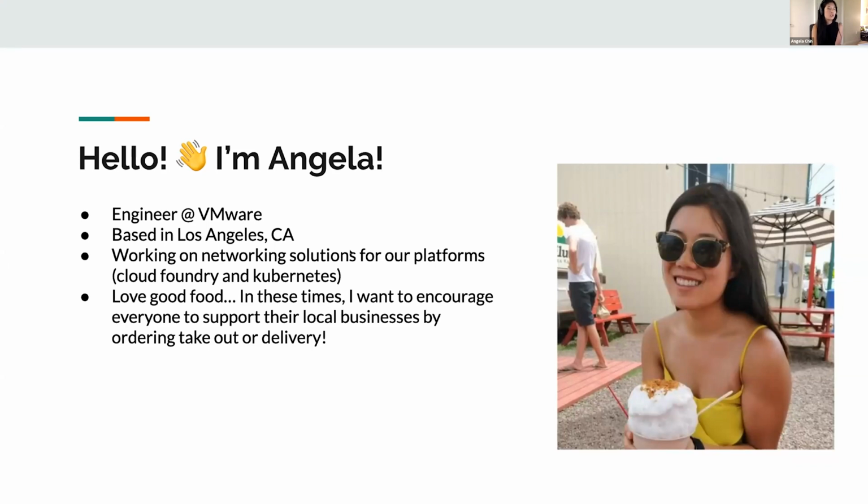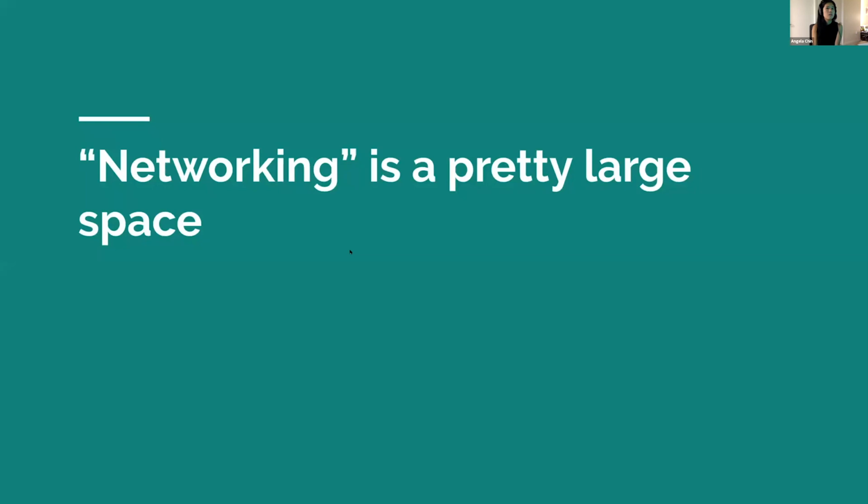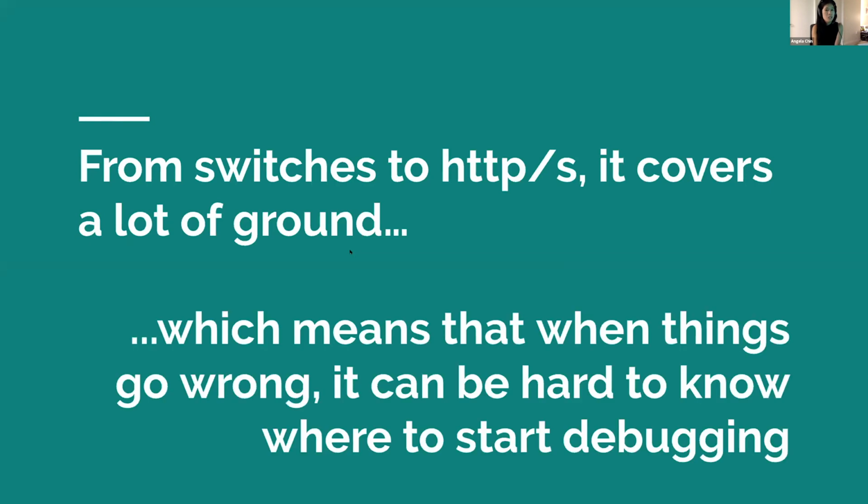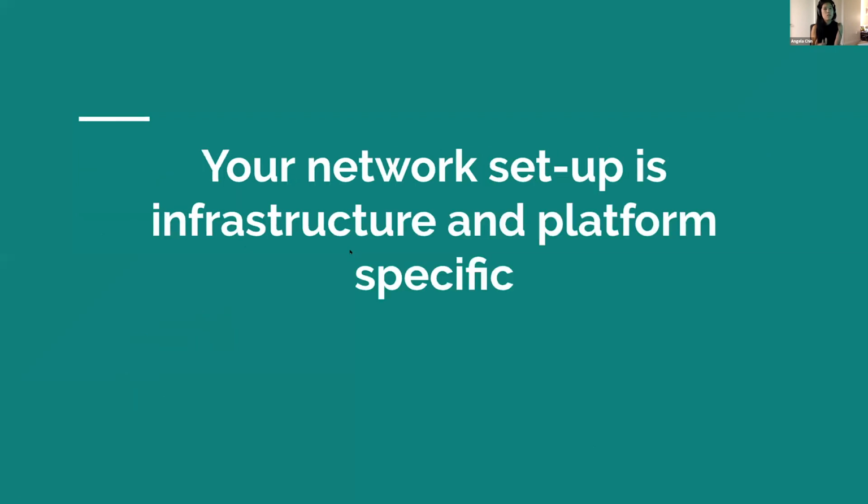So I wanted to start by acknowledging that networking is a pretty large space. It's a broad domain. From layer 2 to layer 7, it covers a lot of ground, which means that when things go wrong, it can be hard to know where to start debugging. This is further compounded by the fact that your network setup is infrastructure and platform specific.